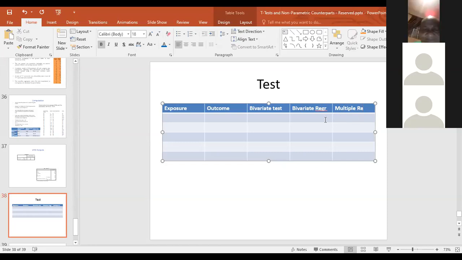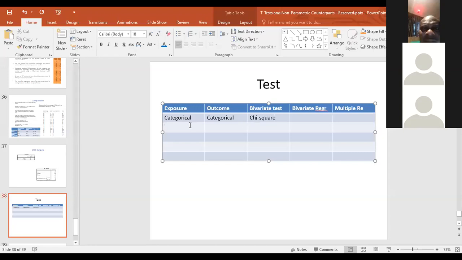Okay, so when the exposure is categorical and the outcome is categorical, what do we use? We use chi-square. You remember? That's what we did last time.